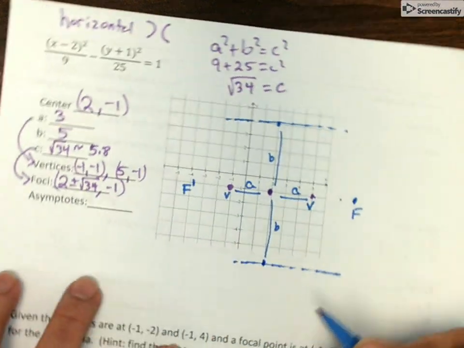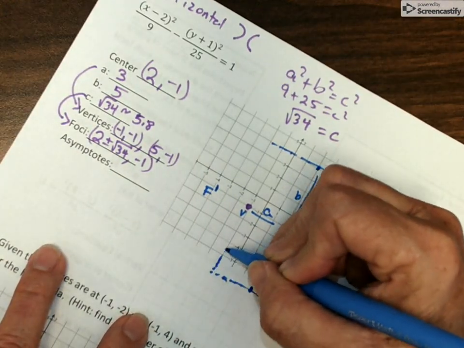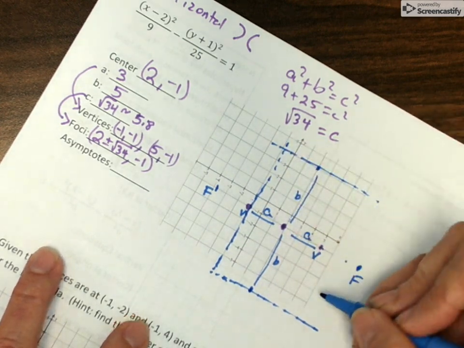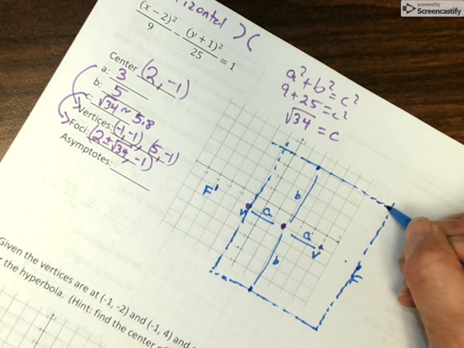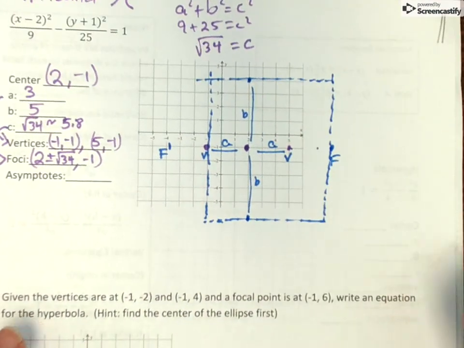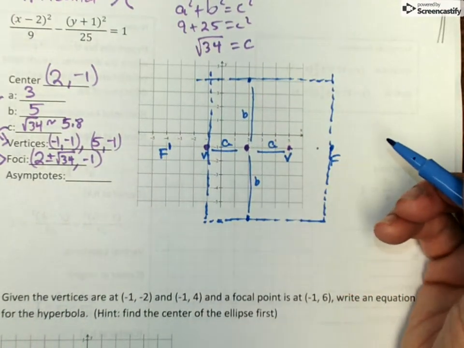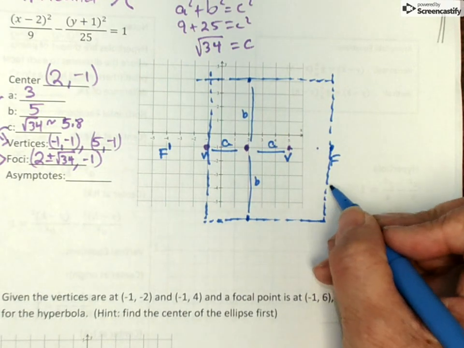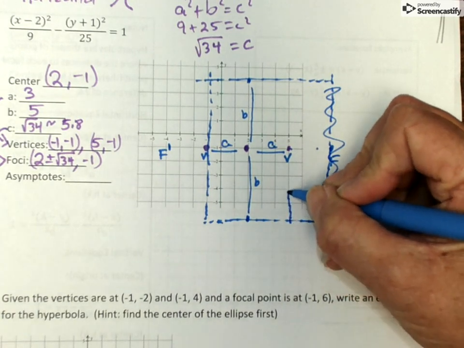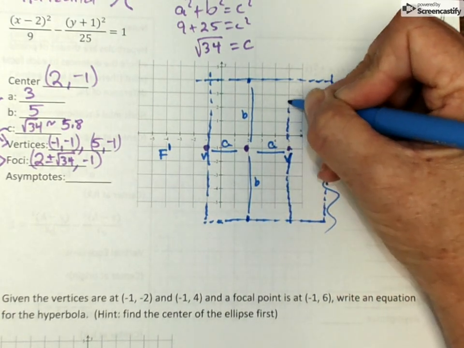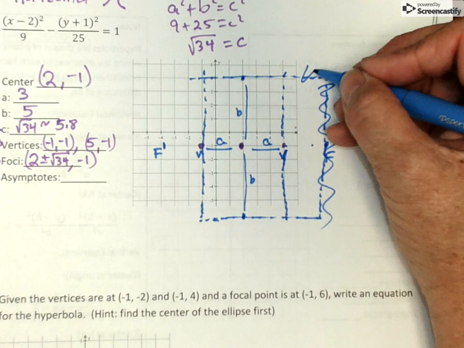And since we went off the graph, we're kind of estimating here where the edges are. Oops, that obviously was not very straight right there. Oh, you see what I did? I went to where the focus is. That is wrong. We go up where the vertex is. That looks better.